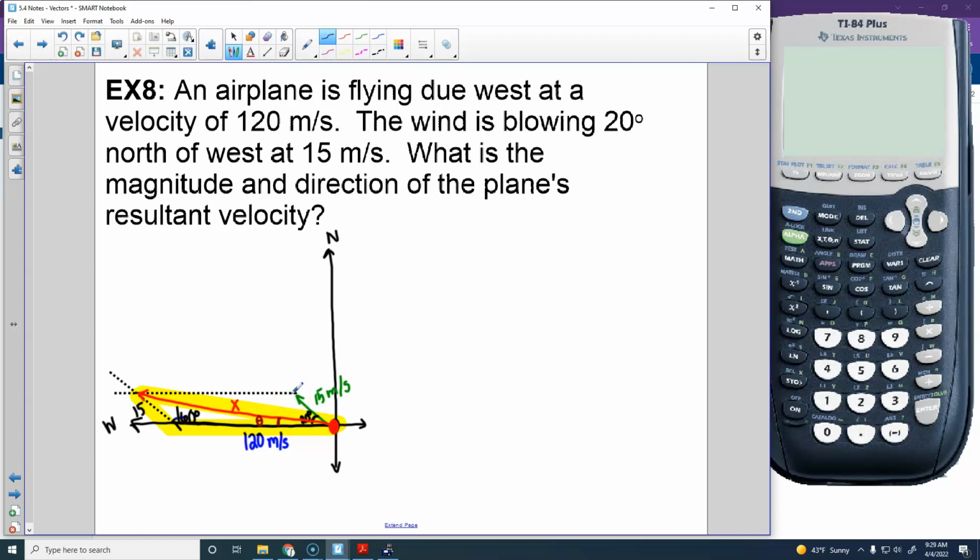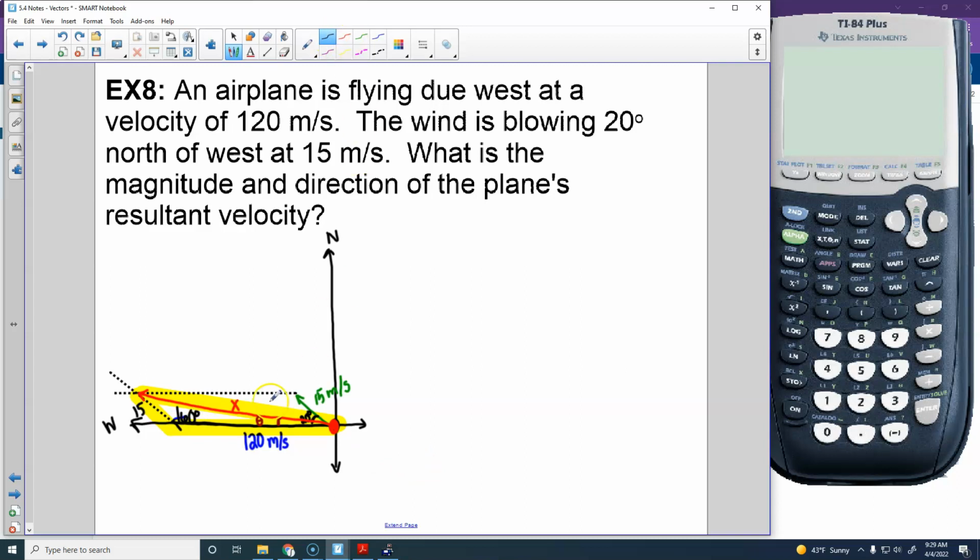Connor, why can we not use sine, cosine, and tangent? It's not a right triangle. You can only use sine, cosine, tangent when you have a right triangle. So in this case, that means we got to use law of sines or cosines. If you're looking at something that's not a right triangle, you got to use law of sines and cosines. We've got these two sides right here, and we've got the angle in between them. So for these two sides and then the angle in between them, we would be using the law of cosines.